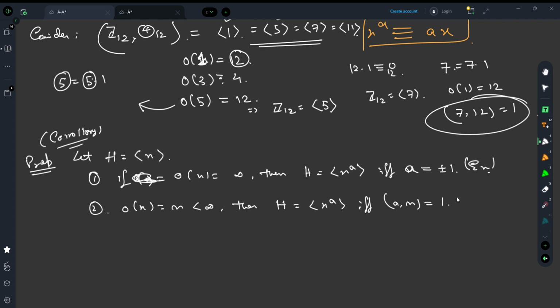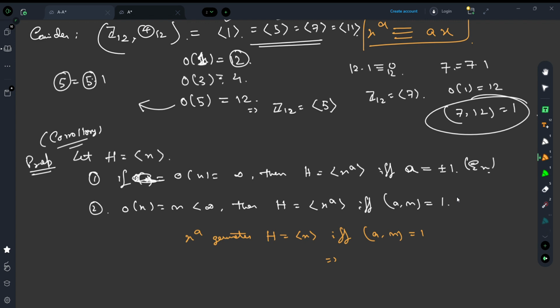This also comes out as the second statement in the previous proposition. Right? The obvious thing to observe from here is that X to the power A generates H if and only if A and n are co-prime.